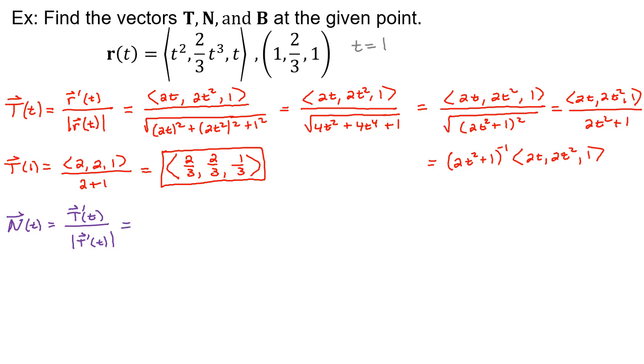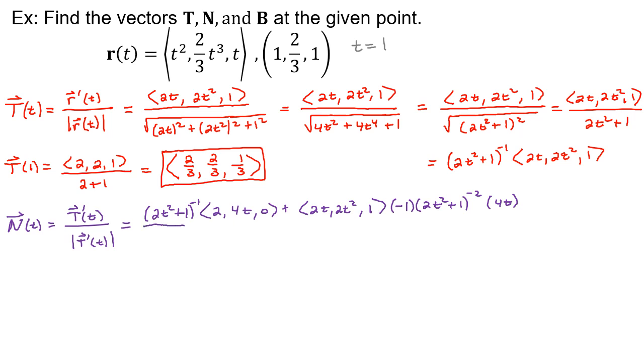I would do the first one the way it is, (2t squared plus 1) to the negative 1, times the derivative of the second, which would be <4t, 0>, plus the second one the way it is, <2t, 2t squared, 1>, times the derivative of the first one, which would be negative 1 times (2t squared plus 1) to the negative 2 power times the derivative of the inside.